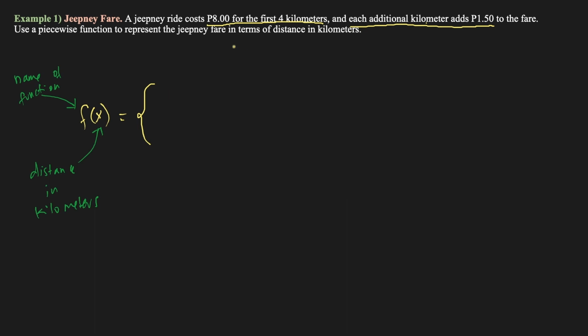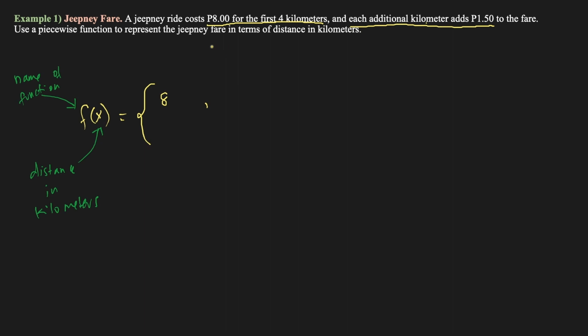So in the first line, we can say that you only have to pay 8 pesos when you traveled between 0 and 4 kilometers.